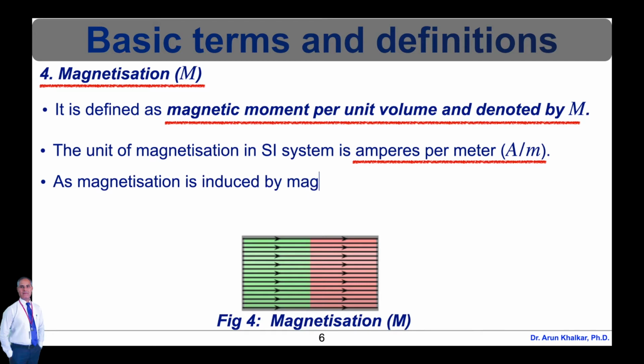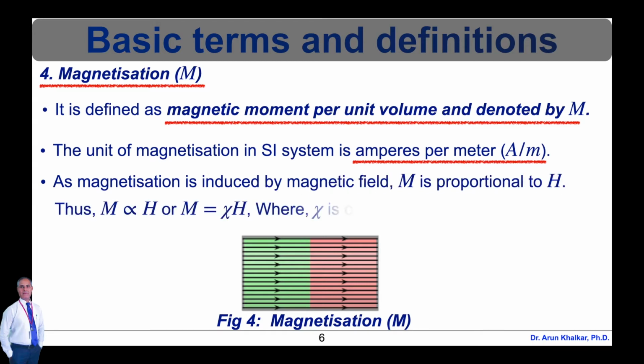As magnetization is induced by magnetic field, capital M is directly proportional to capital H, or capital M is equal to Xi into capital H, where Xi is called the magnetic susceptibility. The magnetization is shown in this diagram.